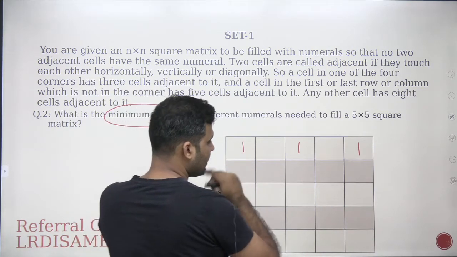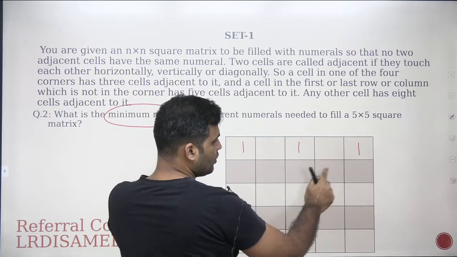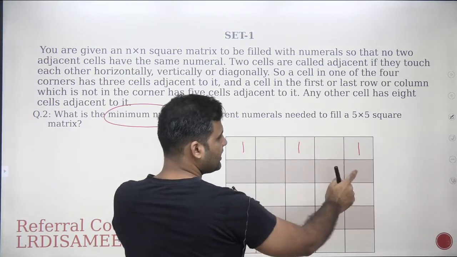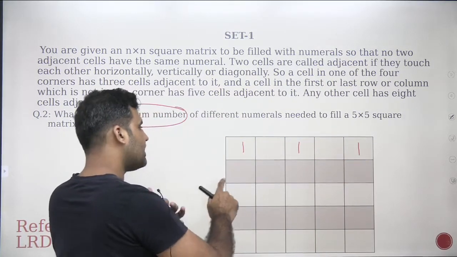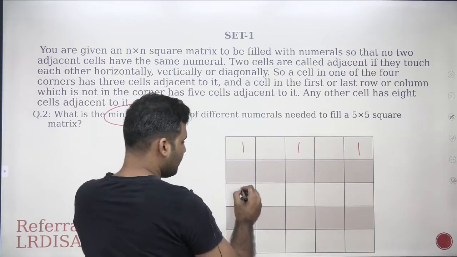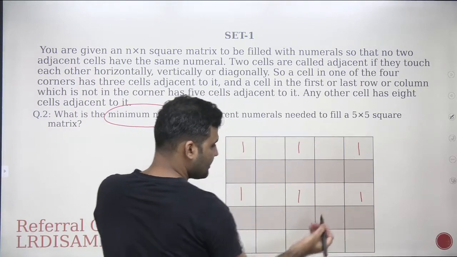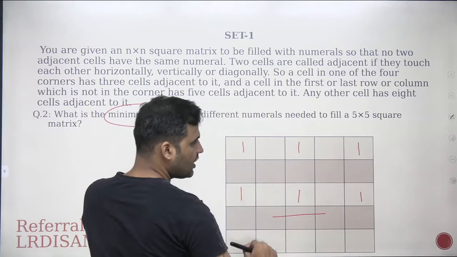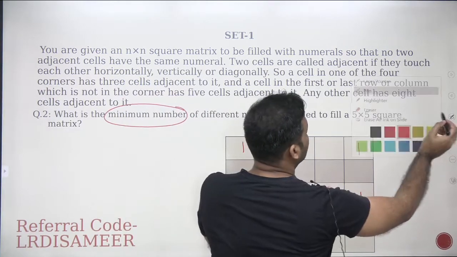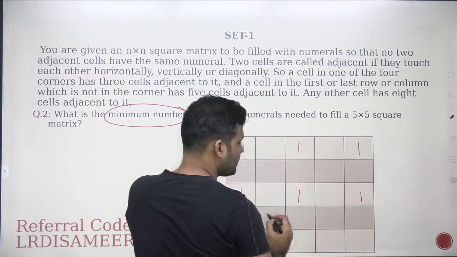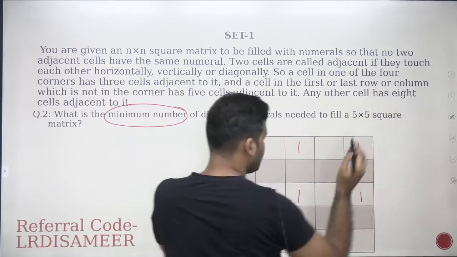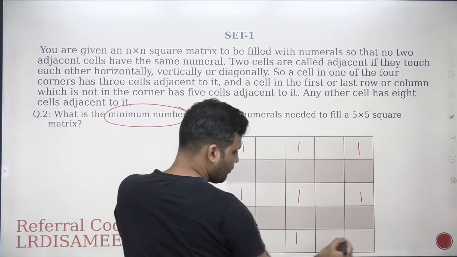These two cells are adjacent to this cell, so 1 cannot be used in the second row, but in the third it can be used. Similarly, in the fourth row 1 cannot be used. I cannot use 1 in the fourth row, but can I use it in the fifth row? Yes, I can use it in the fifth row. So I can use 1 here, 1 here, 1 here.